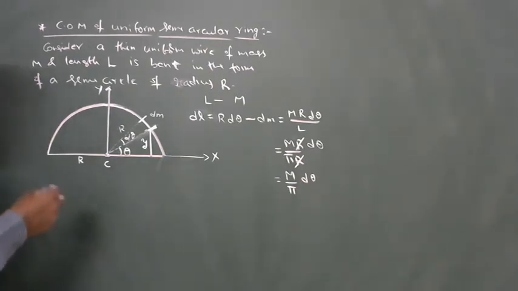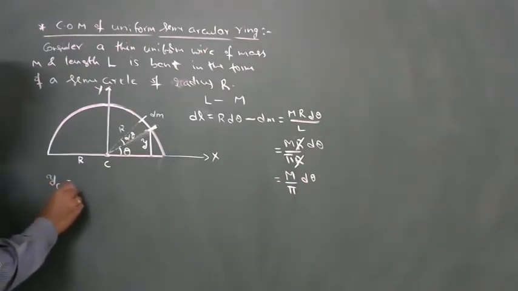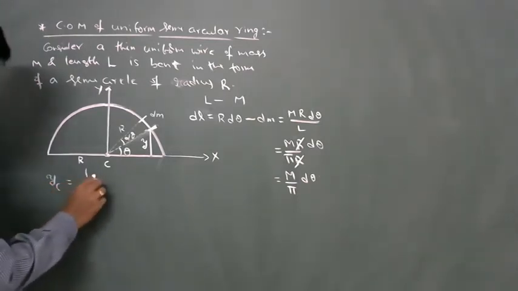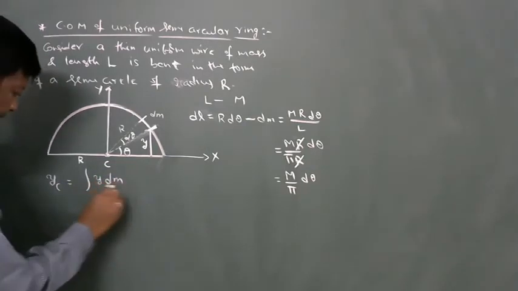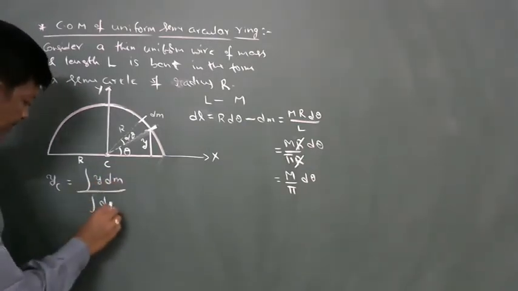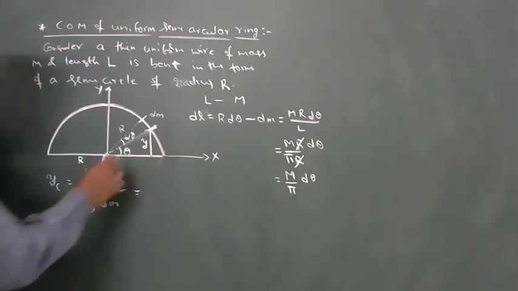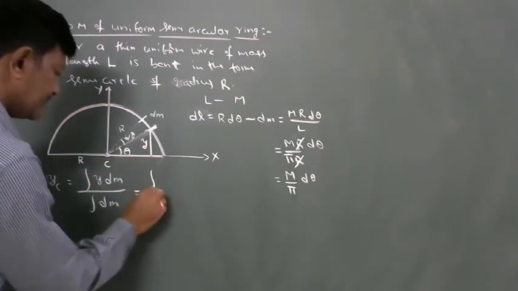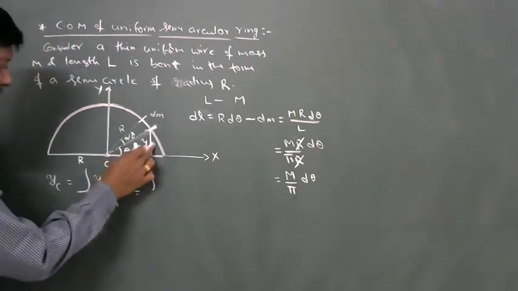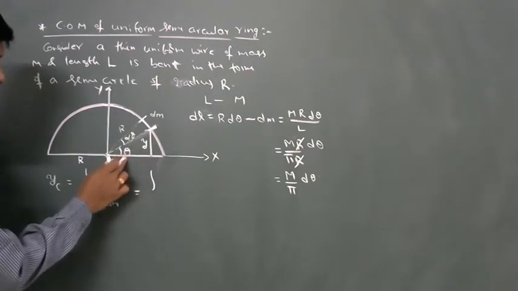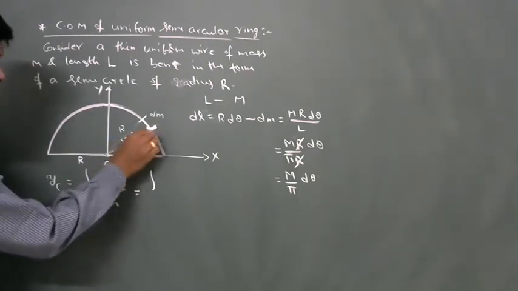Now yc is equal to integral y dm by integral dm. This is equal to integral y, where y by r is sin theta. This length is r.